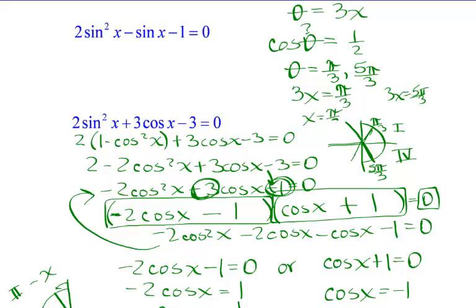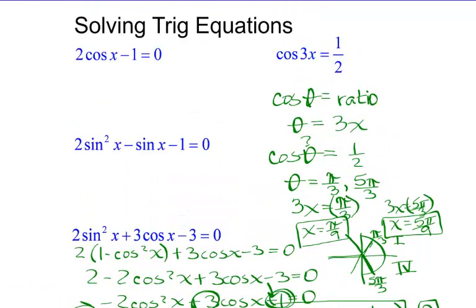That happens at pi over 9, or it happens at 5 pi over 9. And you say, well, those aren't exact values. It doesn't matter. I used my exact value knowledge in order to find the two solutions that make this a true statement. That's what solving means.